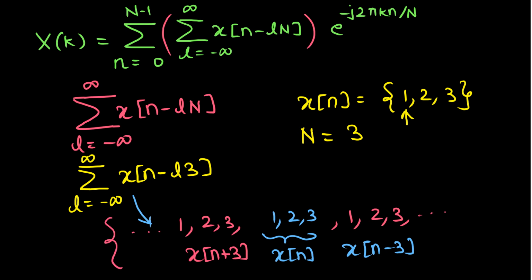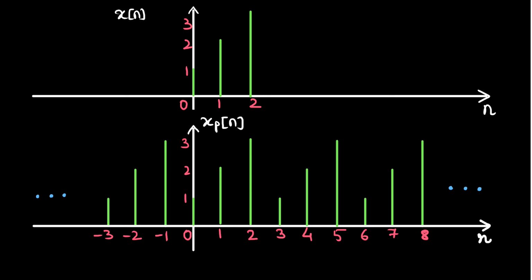So basically it leads to a sequence which is periodic in nature. So it is something like this. This is x of n, and this is the periodic representation of this x of n.